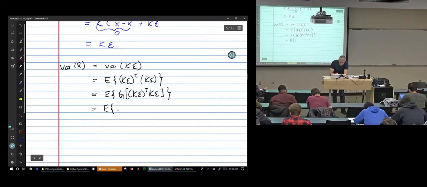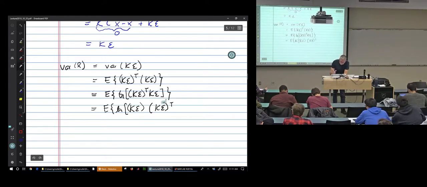And the cute thing about the trace is I can change the order now, K epsilon, and move my transpose.